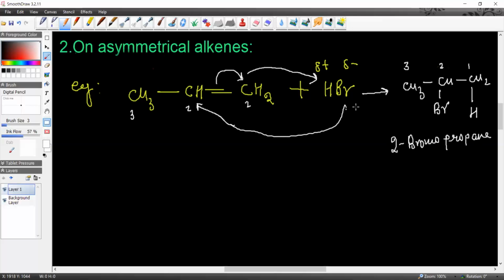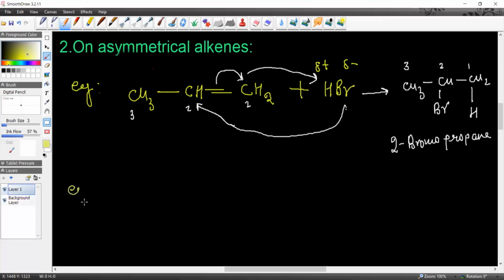So I'm reminding you that in this situation, the hydrogen atom gets attached to the first doubly bonded carbon atom, and the bromine atom gets attached to the second doubly bonded carbon atom. Now we are reversing the same situation.